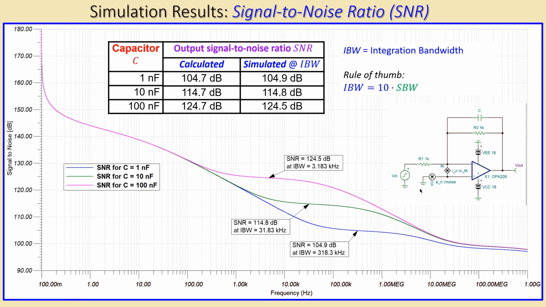So the integration will go on and will have no limit, and that's actually why we need to use, in a practical sense, as an engineer, the integration bandwidth to calculate the actual value of our noise at the output. Alright, this was a very detailed example about the noise analysis of an integrated circuit.